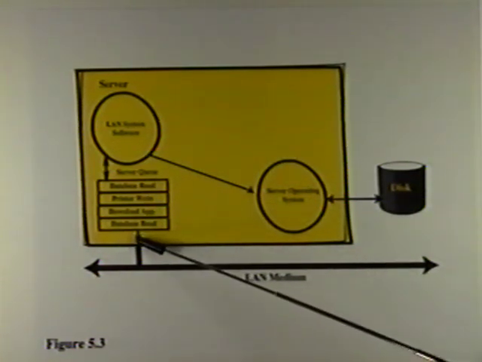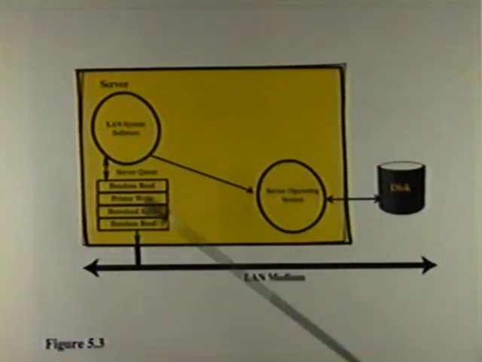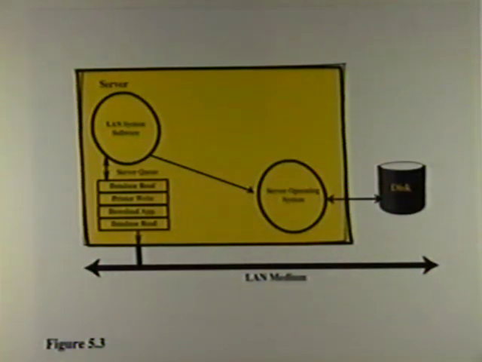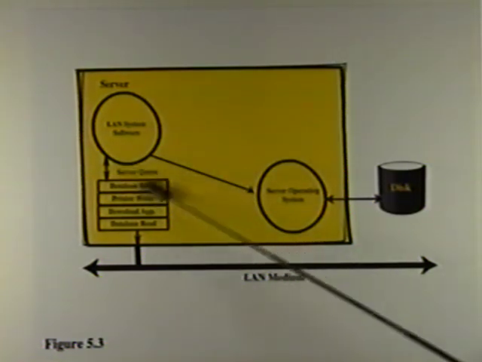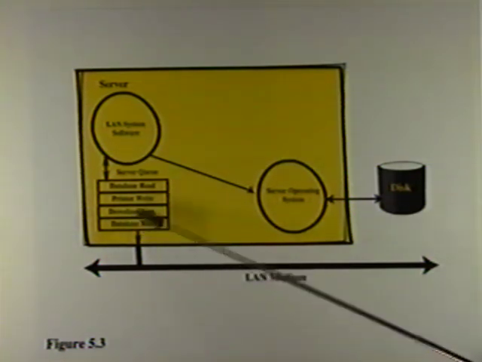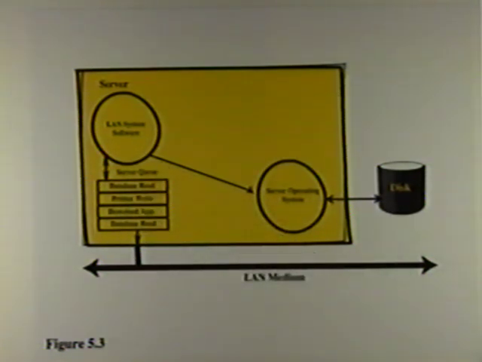Now we have usually only a couple of servers, and those couple of servers have to service requests from all workstations that reside on the local area network. So what happens is the server has a queue, and all of these requests get stored in the server queue.